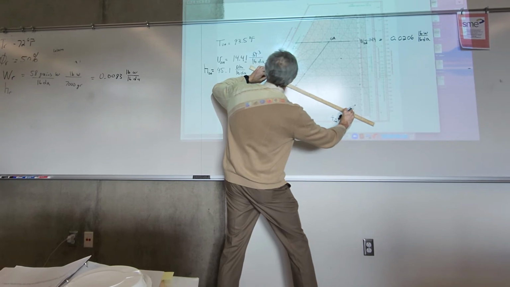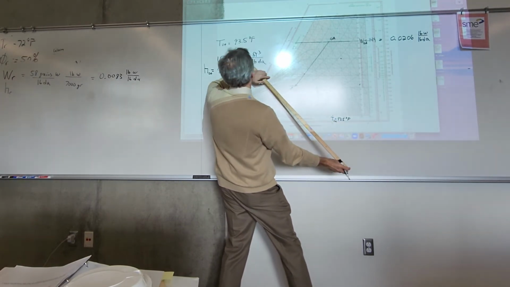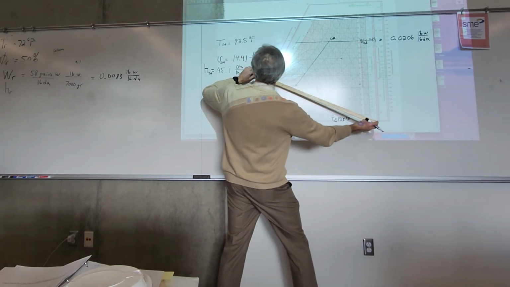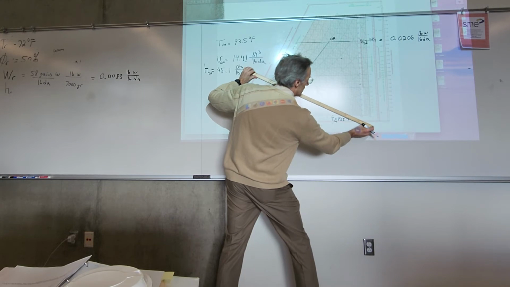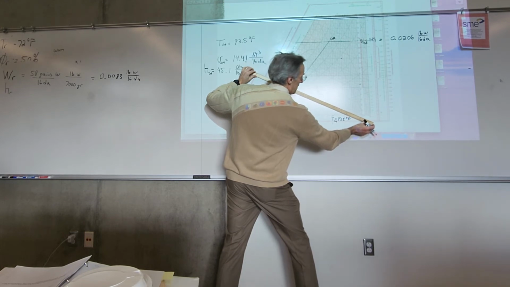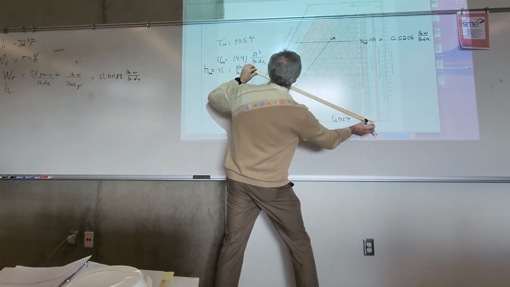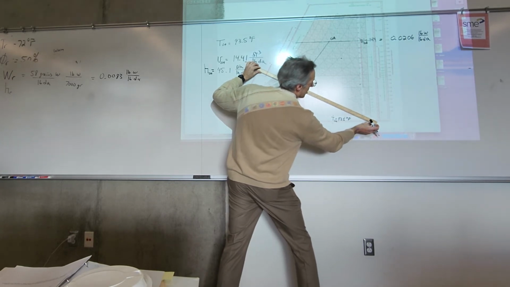All right, and then our enthalpy for our energy balance calculation is, let's see, we connect the 25, where's 25? 25 and 25, and let's see, 26, 26, 27, 25, 26, 27.